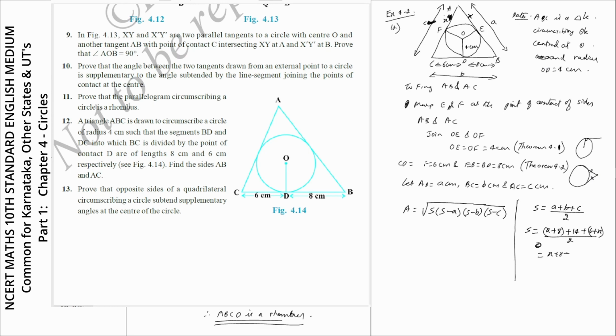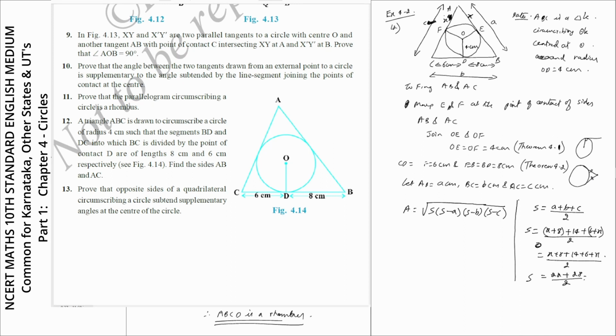X plus 8 plus 14 plus 6 plus X by 2. So 2X plus, 14 plus 8 plus 6 is 28, by 2 will be S.